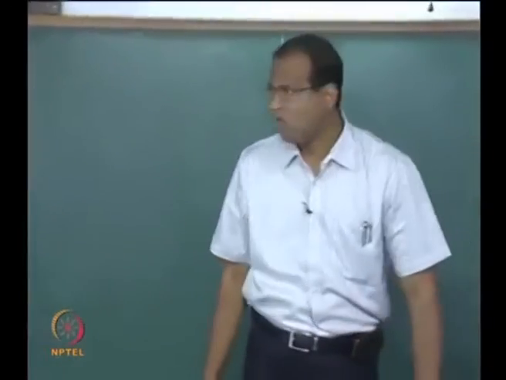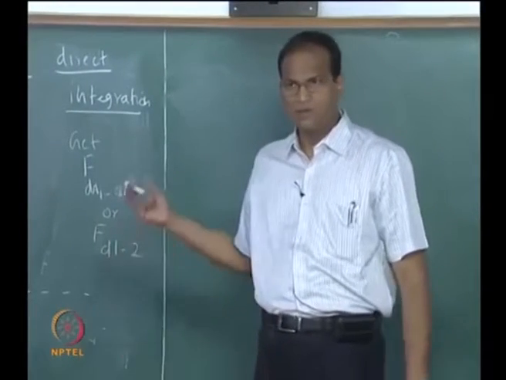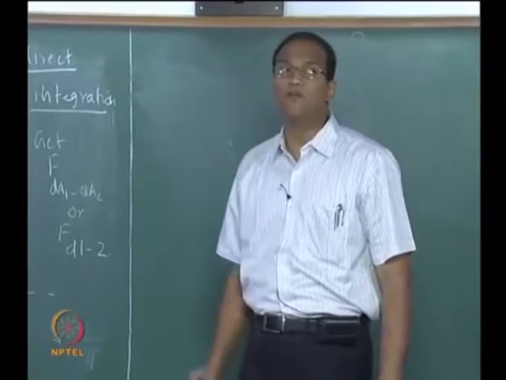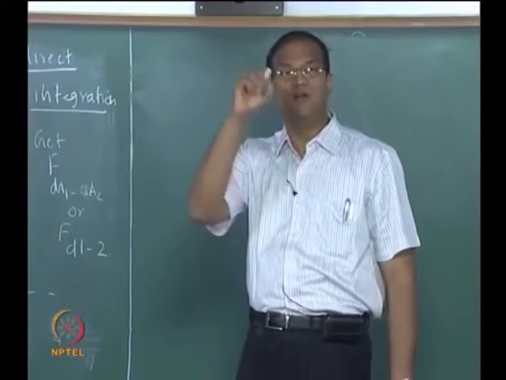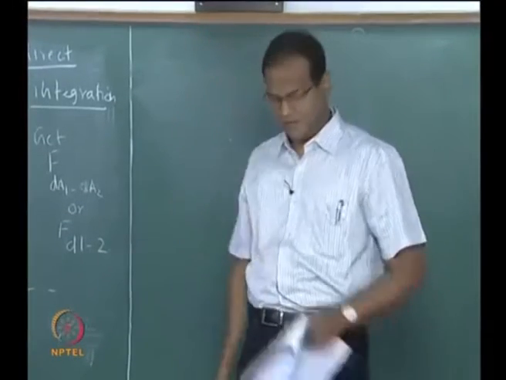You do not have to worry about what dA1's area is, because it is a differential area. A2 I have given. What is the formula for the view factor from an infinitesimally small area to a finite area?